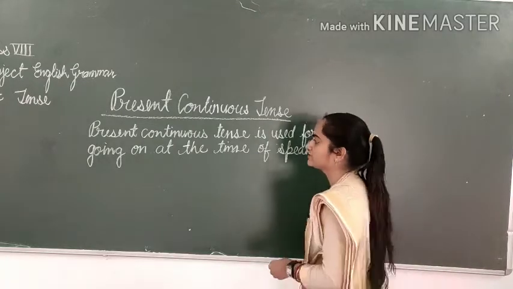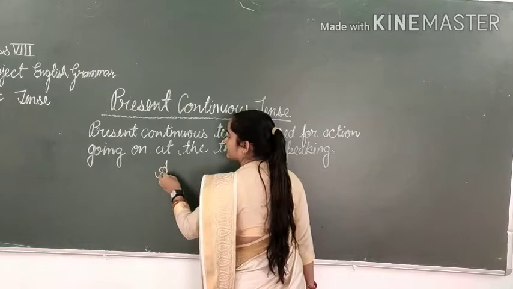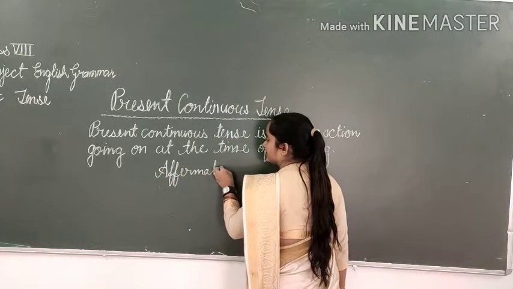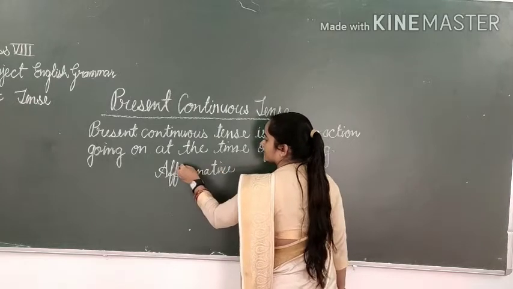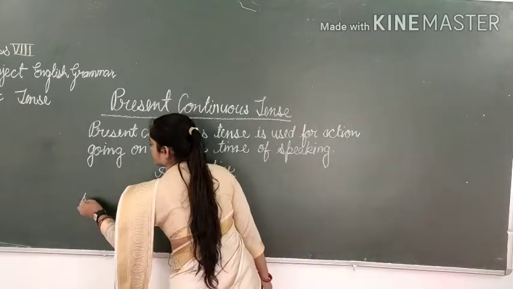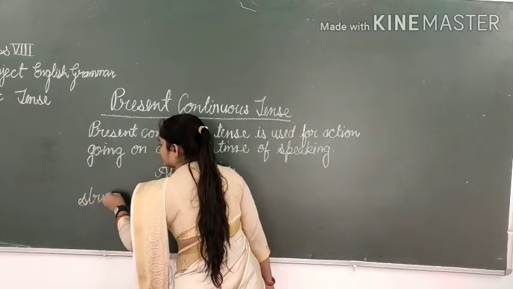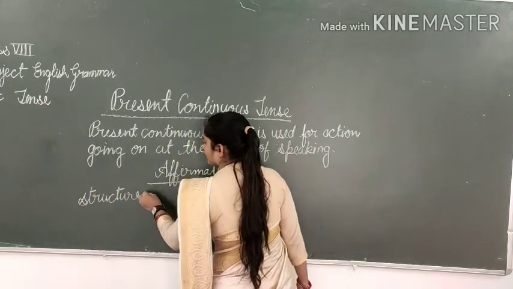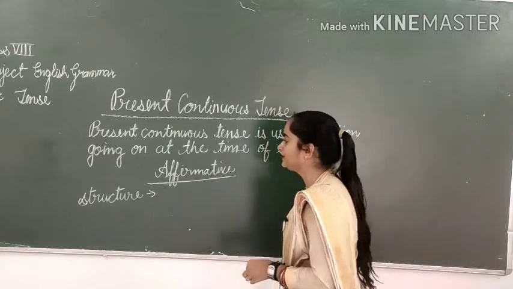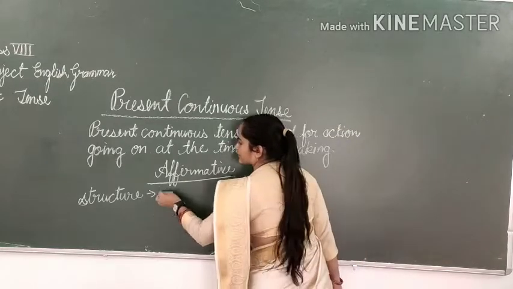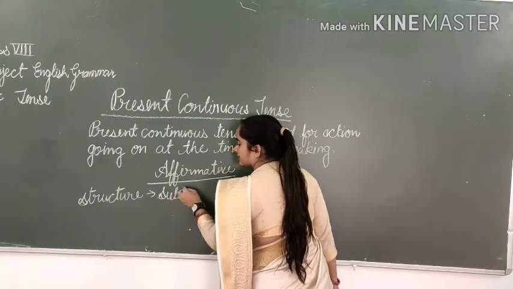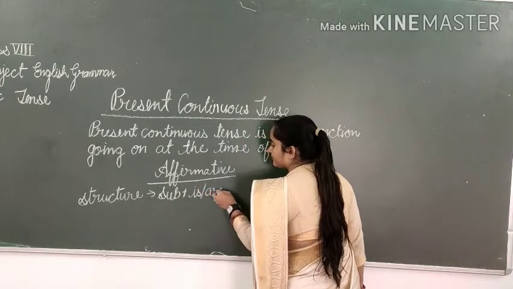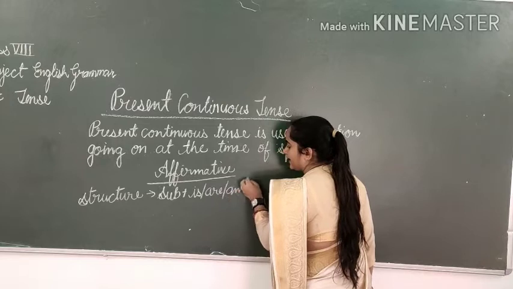Have a look at the structure for affirmative. Firstly, we will talk about affirmative, means simple sentences. Structure. What will we take in first? Subject. Then after is, are, am.